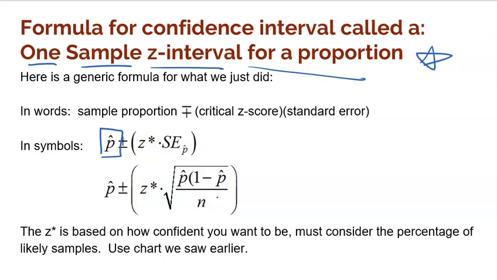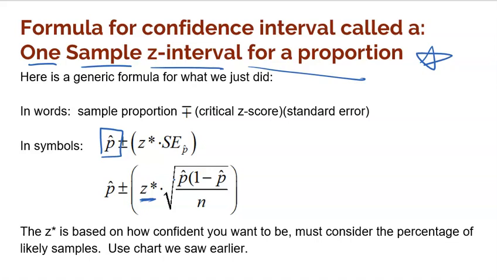Now, the standard error formula is, again, very, very easy. p-hat times 1 minus p-hat, all divided by sample size inside of a square root. But again, where does the z-star come from? Remember, that's based on how confident you want to be. Typically, we're 98% confident, but as we talked about earlier in this video, you could be 99 or 90 or even 95% confident, and that does change how far you reach for what is normal.